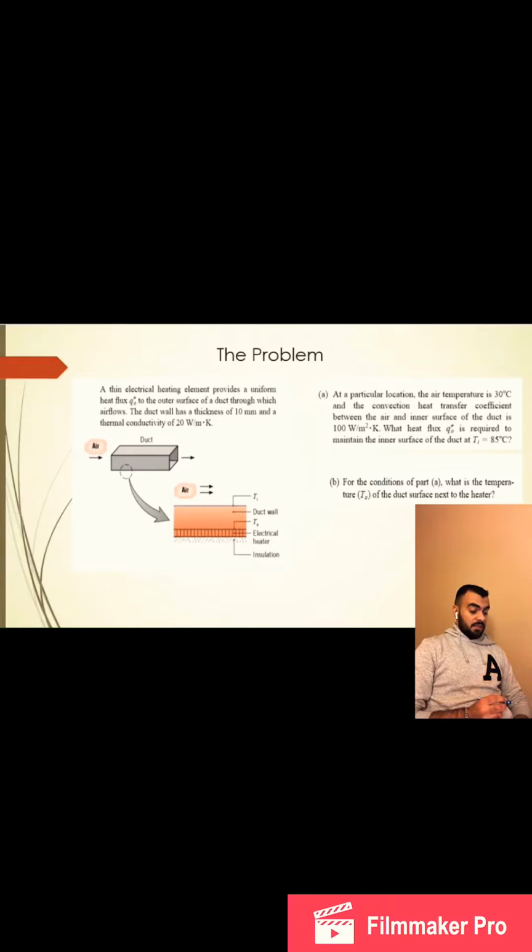For part A, at a particular location, the air temperature is 30 Celsius and the convection heat transfer coefficient between the air and the inner surface of the duct is 100. What heat flux is required to maintain the inner surface of the duct at 85 Celsius?